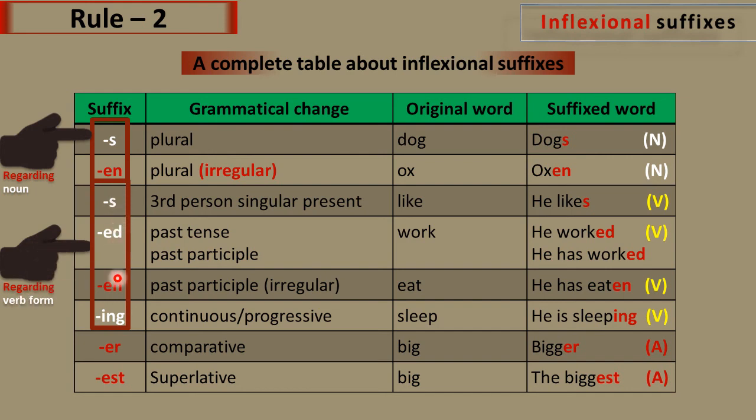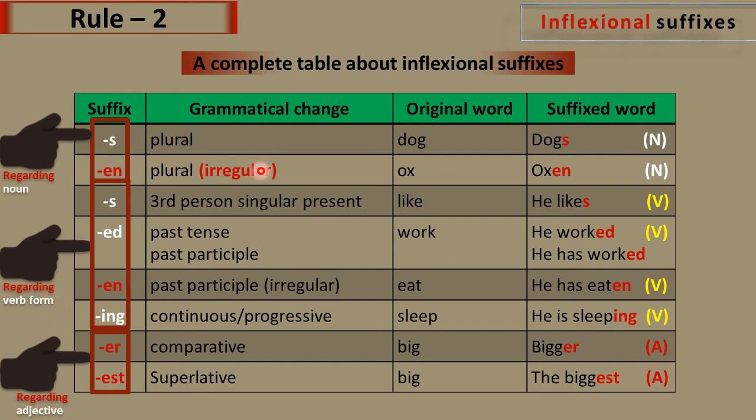That means these four are all about verb forms. And the third set are about adjectives. Do you understand? So the first set is about nouns, the second set about verbs, and the third set about adjectives. Earlier we learned about the suffixes of nouns and verbs, but not the adjective.